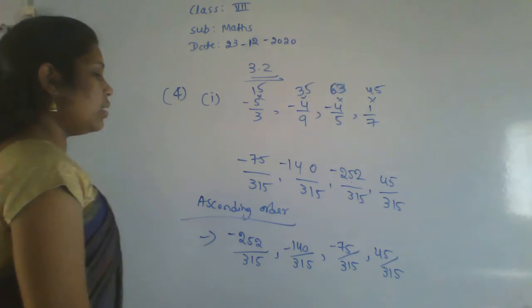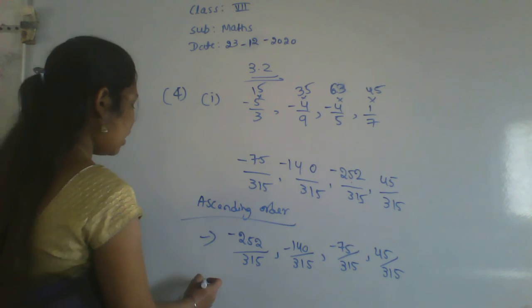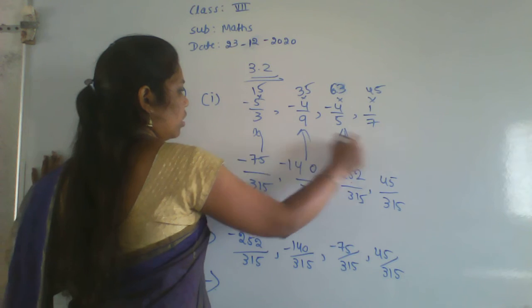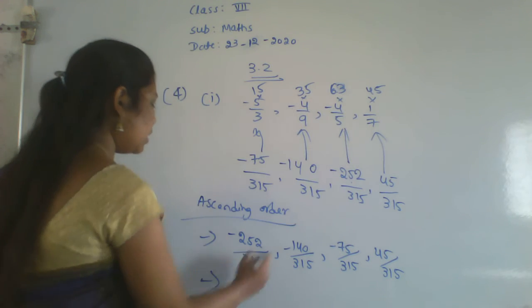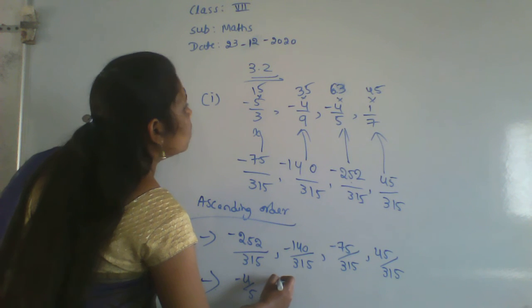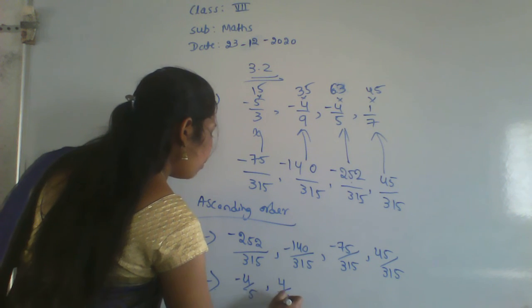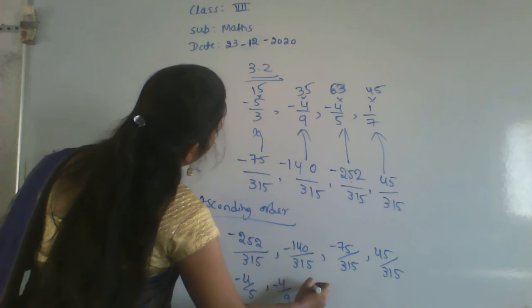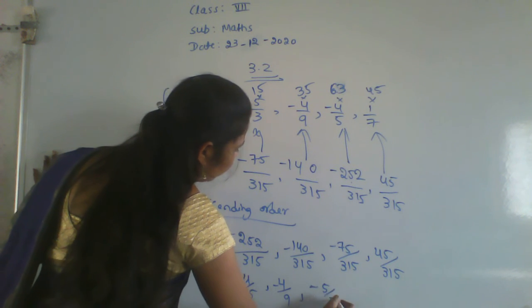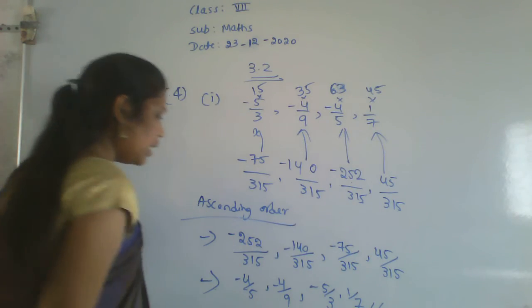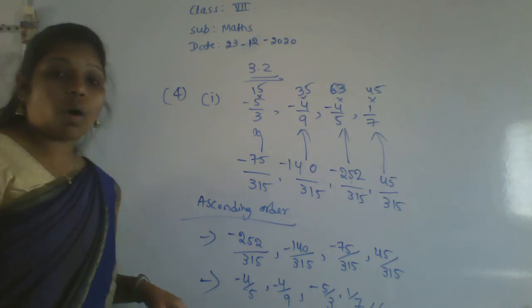Okay, so this is the ascending order and you can write it corresponding to the given numbers. In terms of the given numbers it is minus 4 by 5 and comma, minus 4 by 9 comma, and here minus 5 by 3 comma 1 by 7. So this is the ascending order.